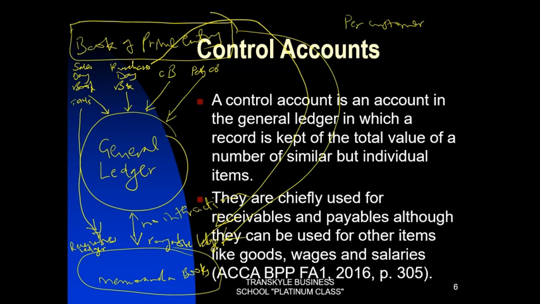This is the concept of control account. A control account is an account in the general ledger in which a record is kept of the total value of a number of similar but individual items. For example, in the general ledger there is what is called the receivables control account.